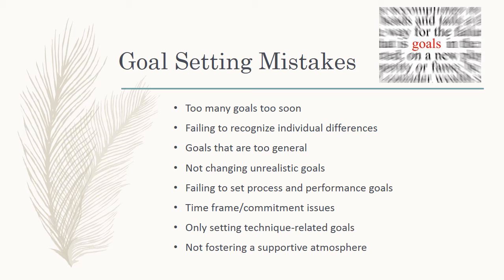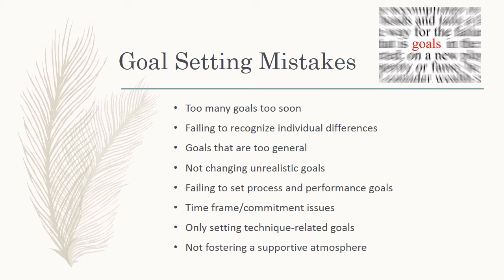Goals should not be too general. And if goals happen to be unrealistic, or you find that a goal may be unrealistic, it should be changed and reset or reframed.